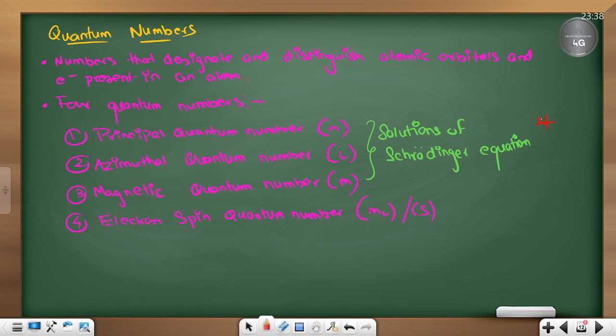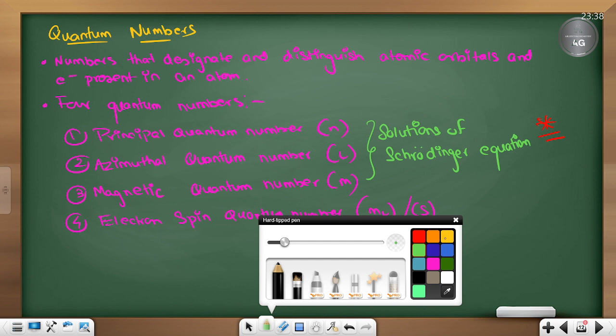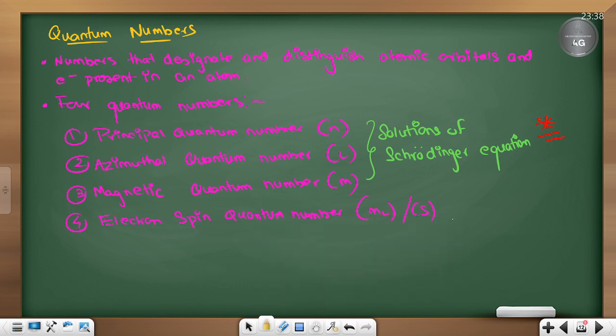Please take care of this. So the question can come, which quantum number did not come from the solution of the Schrodinger equation? Then the answer will be electron spin quantum number, because it was introduced later on to prove certain rules that will come later on, Pauli's exclusion principle and Hund's rule.